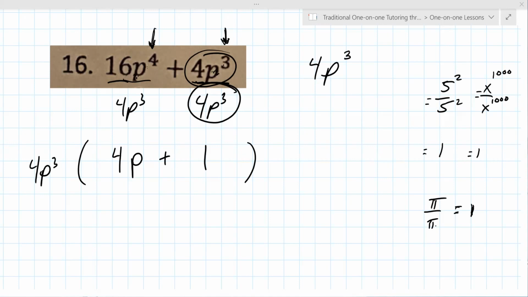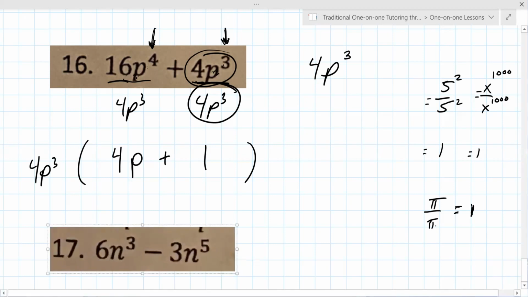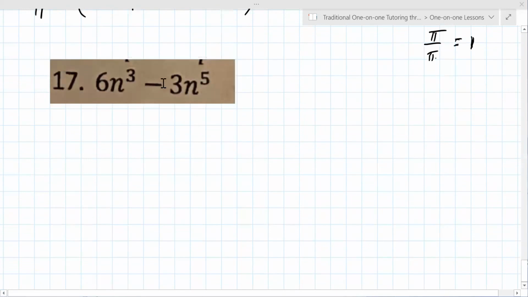So 6n cubed minus 3n to the fifth. You look at the two numbers, 6 and 3. 3 goes into both.